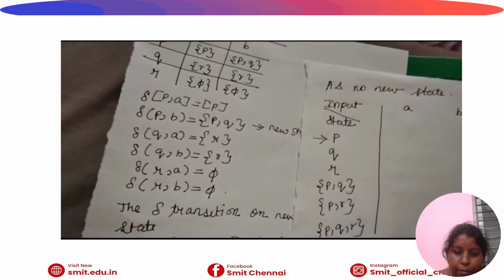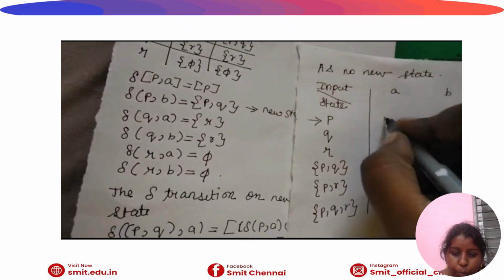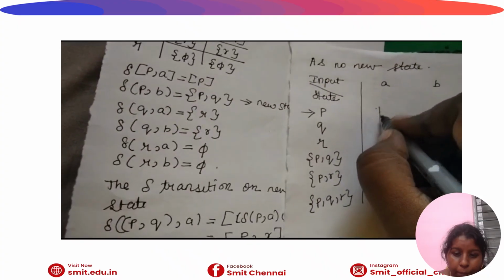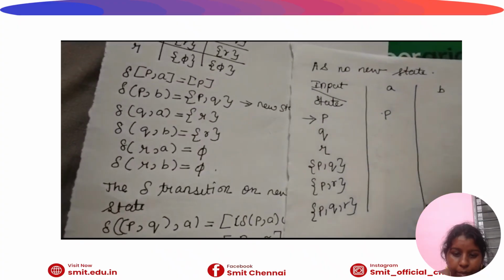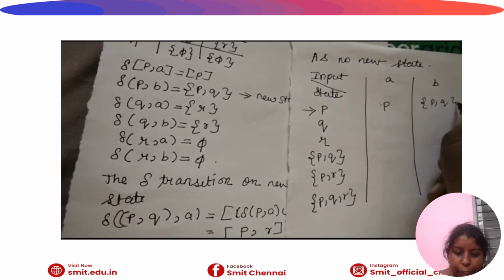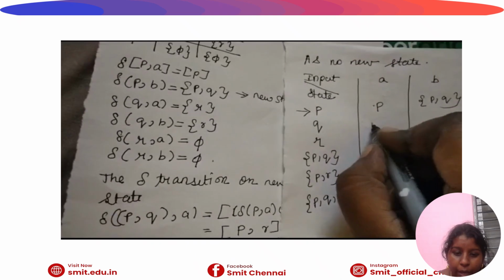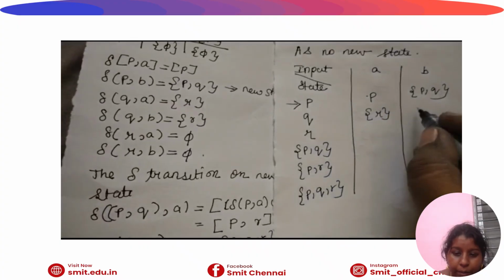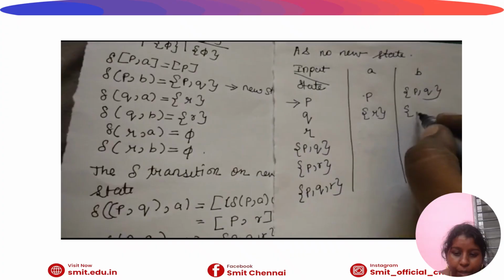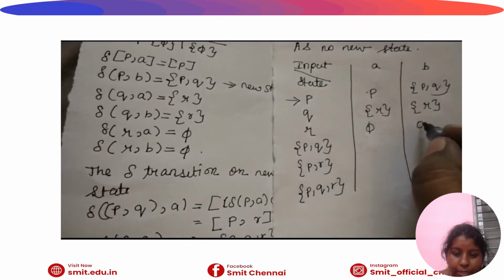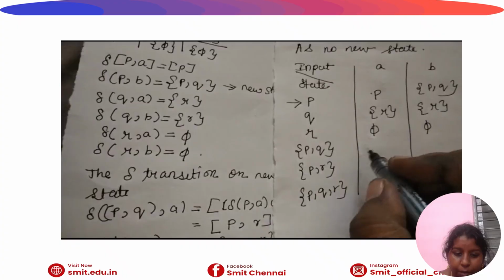P, for the input A it goes to P, and for the input B it goes to P comma Q. Q, for the input A it goes to R, and for the input B it goes to R. R, input A it's empty, and for B it's empty.